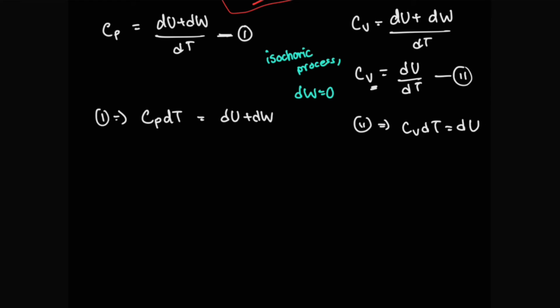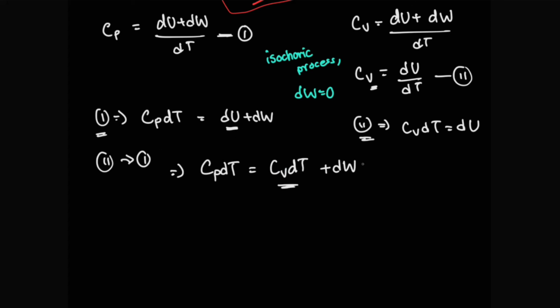And if we put equation 2 inside 1, we get that Cp dt is equal to Cv dt plus dw.